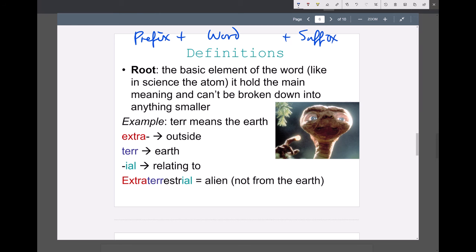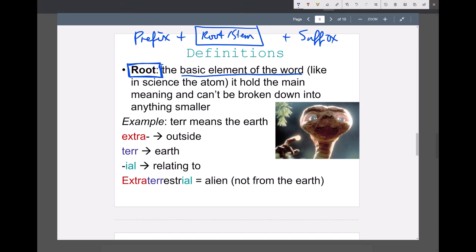So there is a specific name for the word in the middle, and that's called the root or the stem. So you can call it the root or the stem. But now in this lecture, you can use either one of those. It means the part of the word that needs to be there to have the basic meaning. So the basic element of the word.